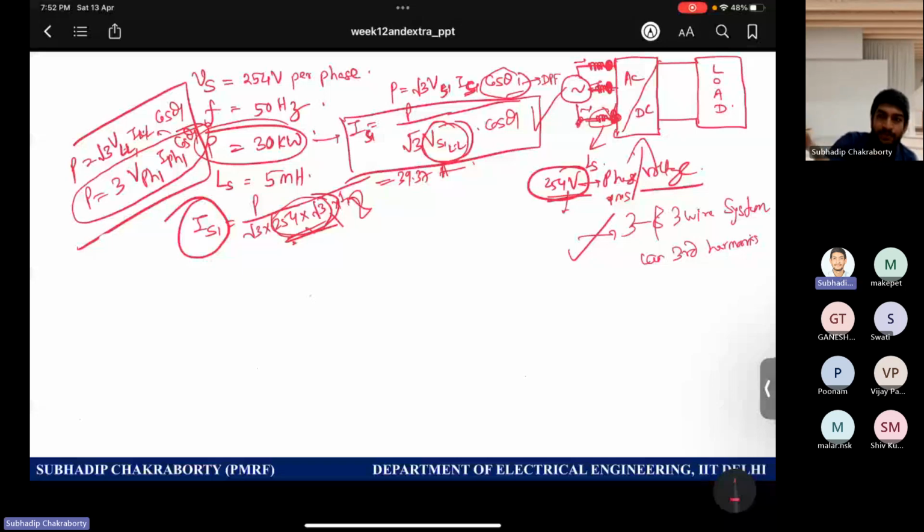And from there, since you know their strength in the voltages, you can calculate the value of the RMS component of the harmonic currents in the supply. Agreed or not?